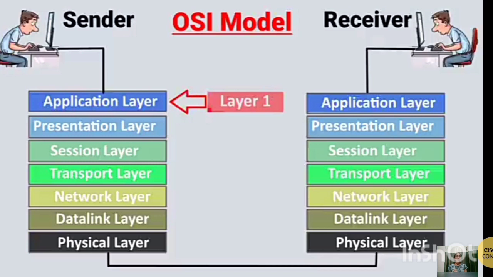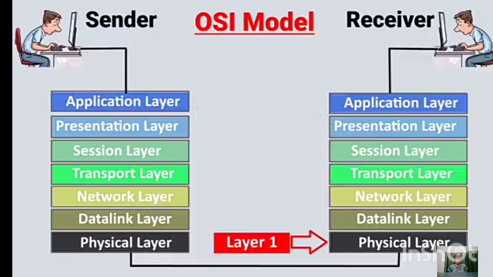If you are on the sender side, the top layer of the OSI model will be the application layer, because as it sends, we interact with an application layer, like Chrome, Facebook, HTTP and HTTPS to send data. Now if you are on the receiver side, then the first layer will be the physical layer, because as a receiver we receive data.